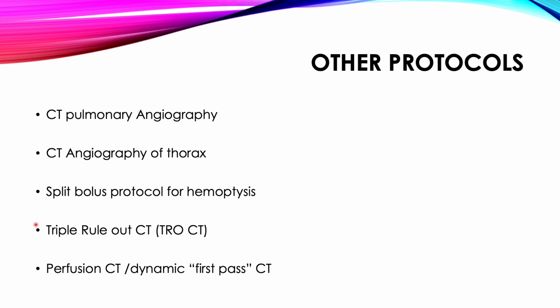So basically, it's a good rule out tool, so triple rule out or TRO-CT, and then further for hemoptysis and for airway and vascular abnormalities, you can use a perfusion CT, a dynamic CT protocol also.